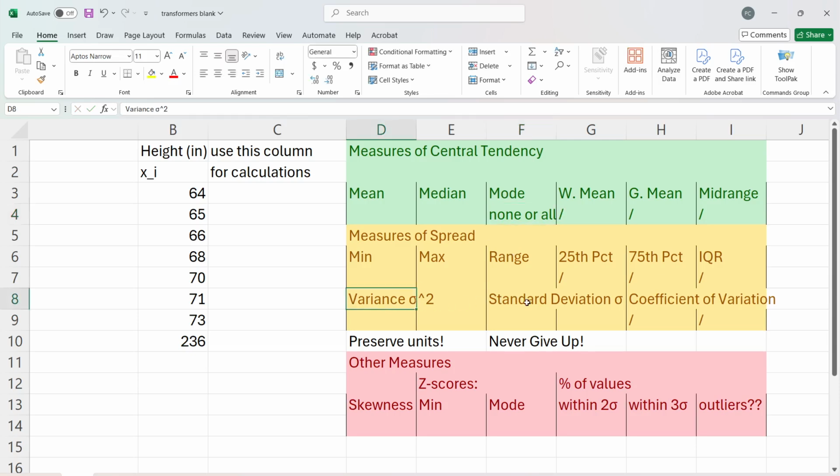Then the variance, the standard deviation, and things like z-scores might be a good idea to get into. Now, the skewness of this data, the formula for skewness is slightly cumbersome, so I'm not going to bother calculating it from scratch, although Excel will do it for you. And the proportion of values within a certain statistical distance from the mean.